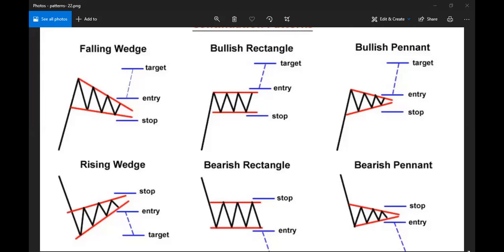Can you hear me now? I said, do you understand what a falling wedge is?